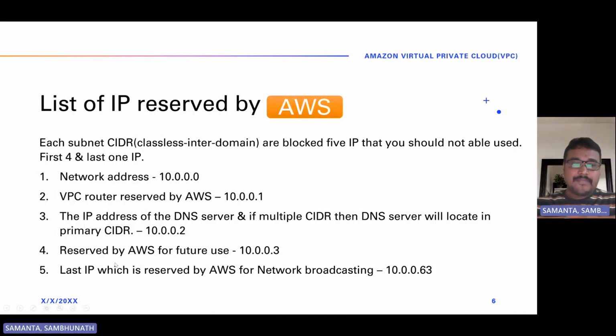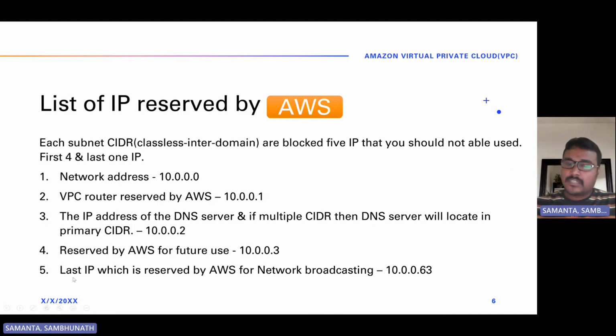Okay. And then one more IP address is reserved by AWS for future use, the third one, 10.0.0.3. And the last IP address is reserved for network broadcasting.